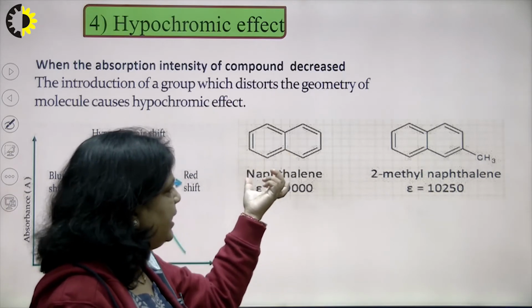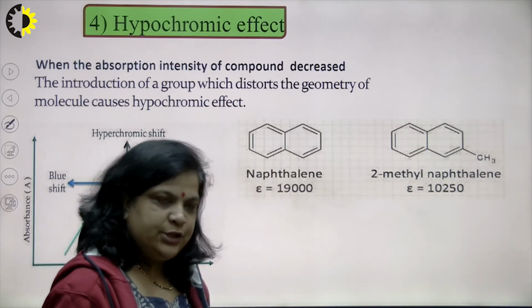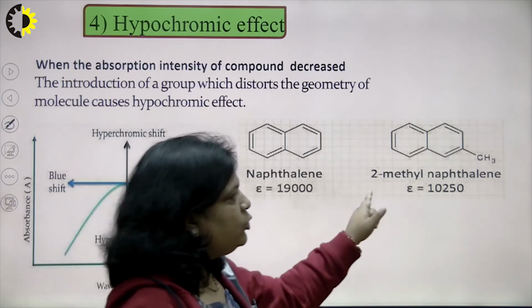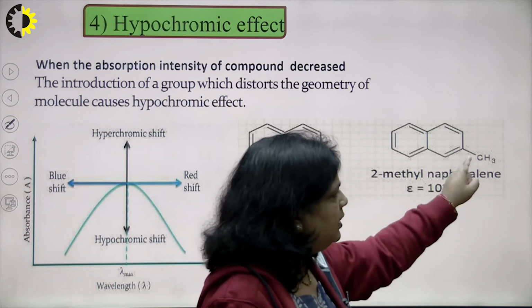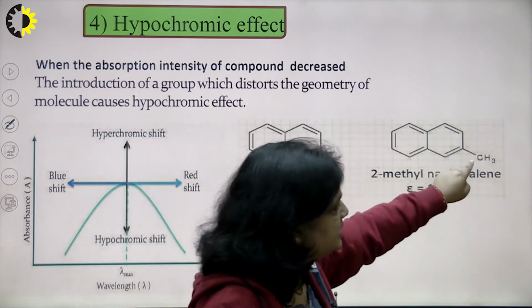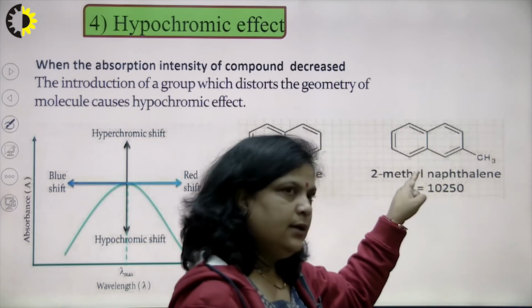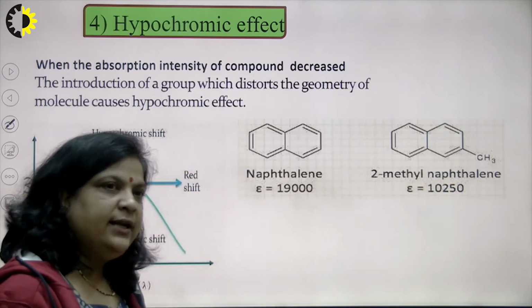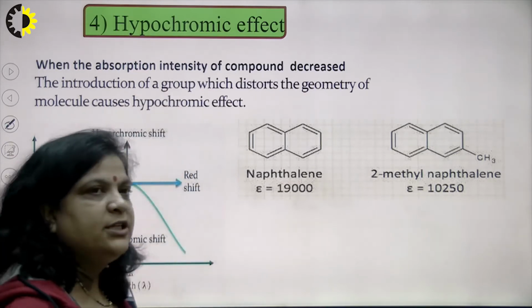In biphenyl, it shows a band at epsilon value 19,000, but in case of 2-methyl biphenyl or naphthalene its epsilon value decreases. It means this CH3 group at this ring lowers the intensity, that is hypochromic shift.